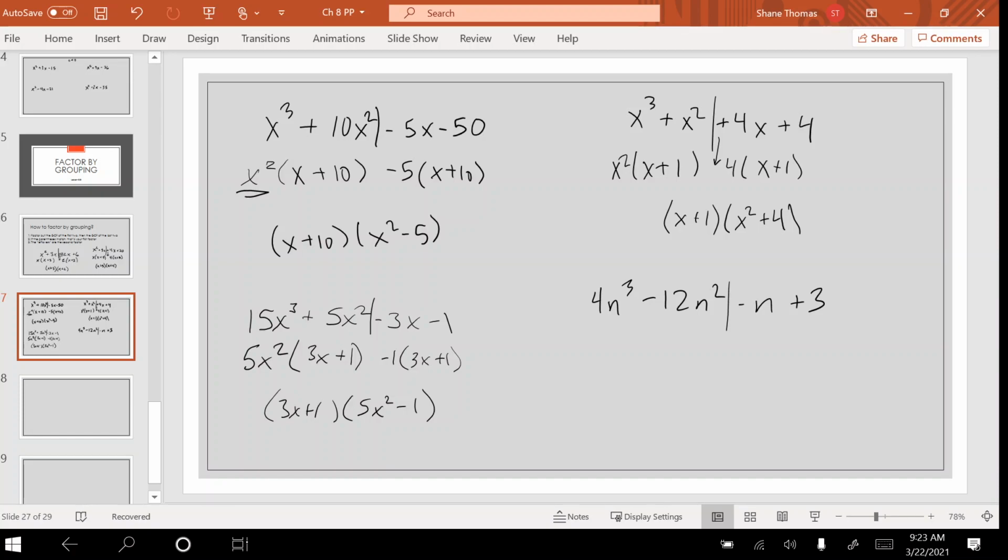Same, no comprende. I'll do it. Can you pull the negative out and then make the 3 negative? Uh-huh. What are we pulling out? Oh, the one.